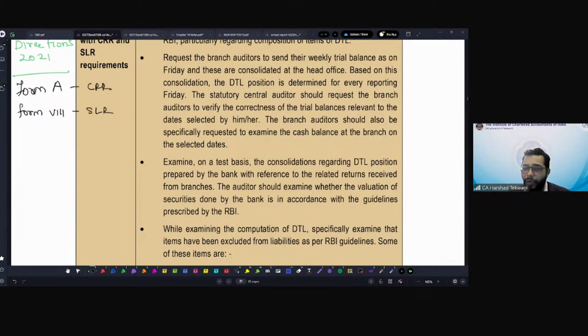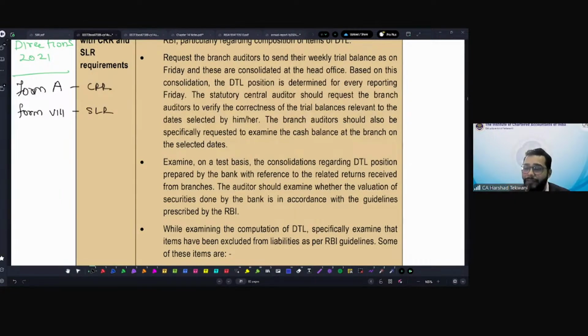So whether it's the net demand and time liabilities for the purpose of CRR or for the purpose of SLR, there is a way given, and then on a fortnightly return, that is either CRR in Form A or SLR in Form A, it is done. And then the auditor has to verify whether the reporting is done appropriately or not.